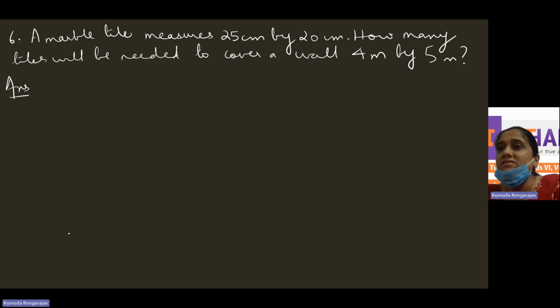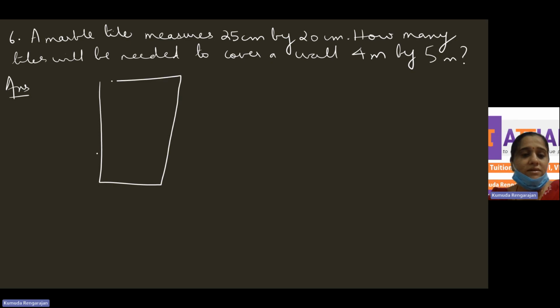Correct. The order is 25 by 20, which means length by breadth. As Santosh was saying, it's always length by breadth. No, not like that. If the rectangle is like this, then this is the length and this is the breadth.